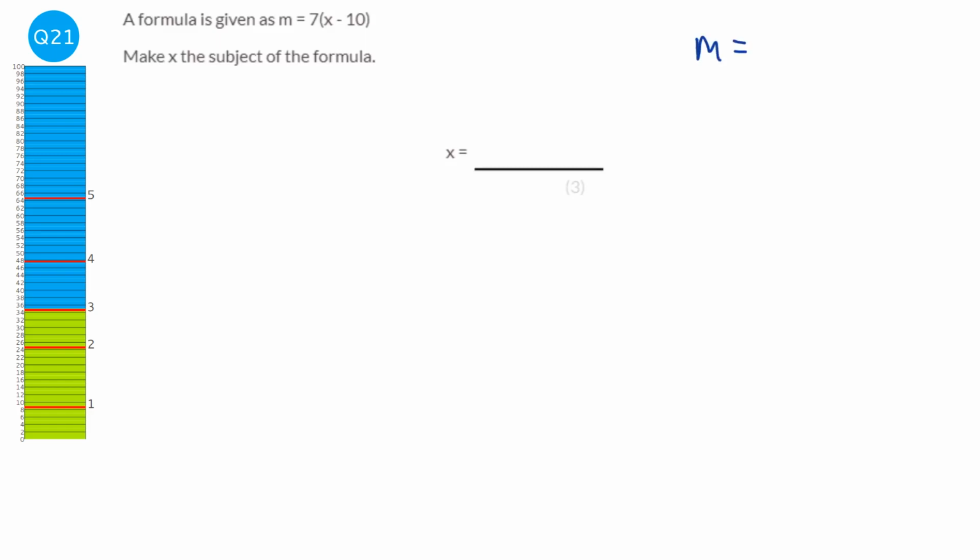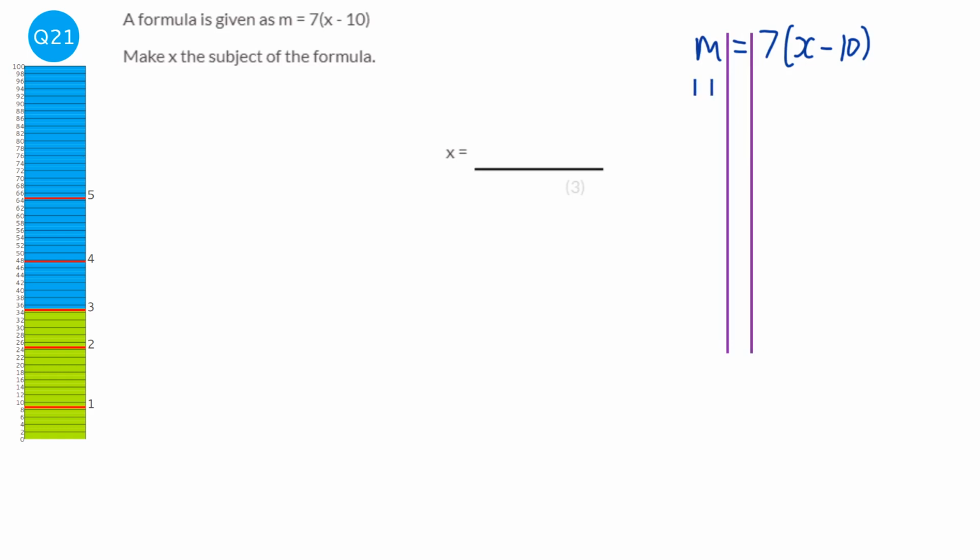So we're going to start by writing this out. So m equals 7 brackets x minus 10. And we're going to put our solving lines in. I'm going to start by expanding the brackets. We could divide both sides by 7, but I think this is a bit easier. And we're going to add 70 to both sides.